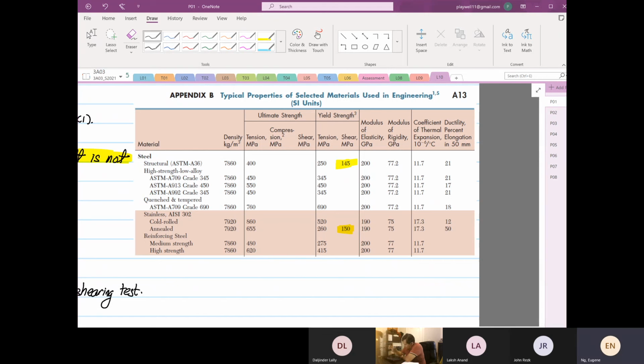So we know that this is done through a uniaxial compression tensile test. And this is done by pure shear.